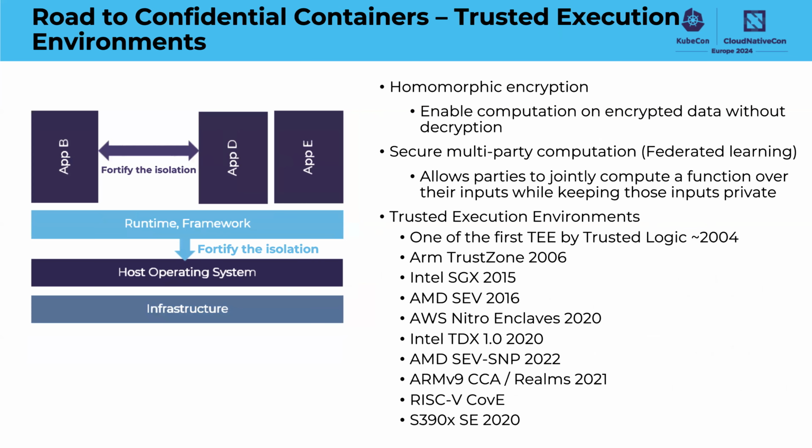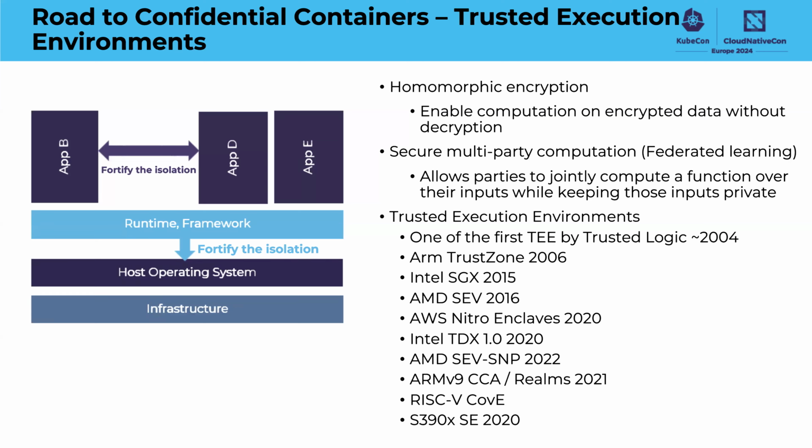Besides hardware isolation, there are, of course, other technologies to fortify the isolation. I'm not going to go very much into details here, but we have homomorphic encryption, we have secure multi-party communication. And the last thing that evolved out of those fortifying the isolation were recently the trusted execution environments. Those are not very new. One of the first was by Trusted Logic in 2004, and then we have things like TrustZone in 2006.